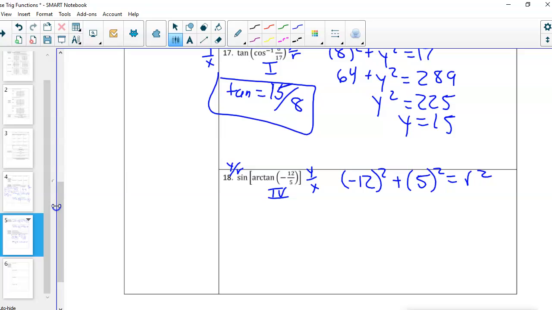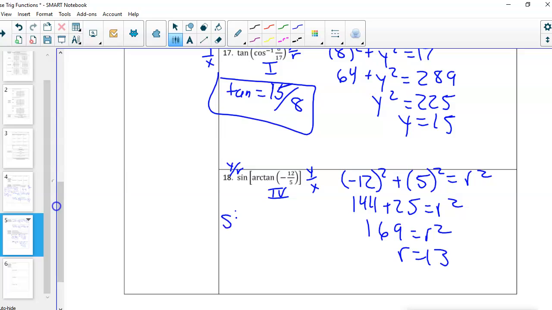Cosine would be positive, normally in our unit circle in the fourth. So r equals 13 here. So what is sine? Negative 12 over 13.